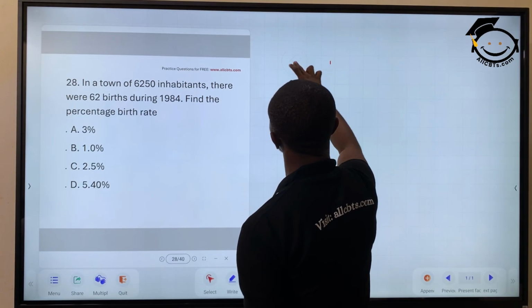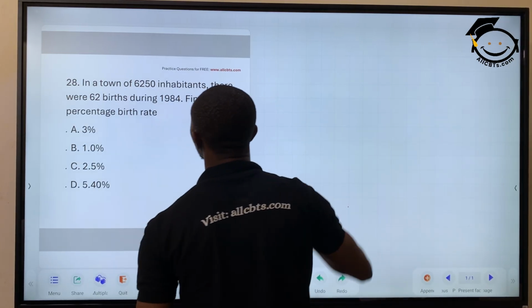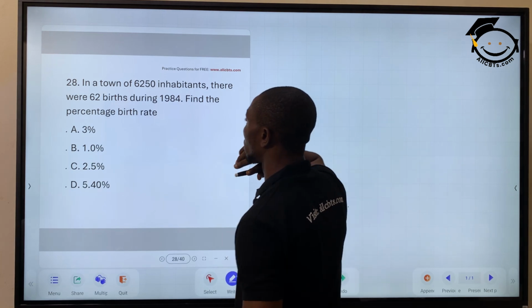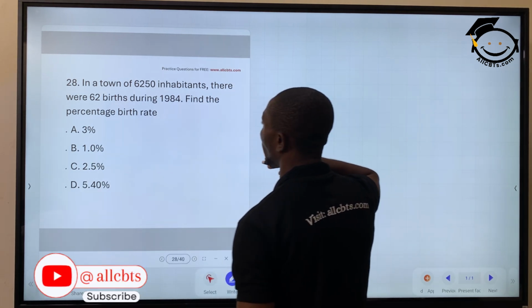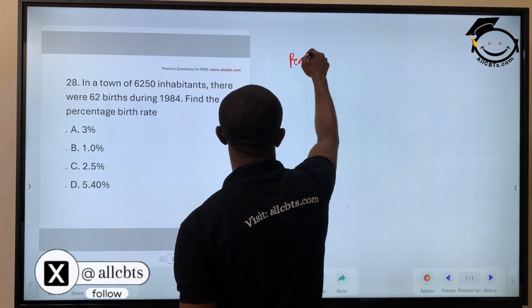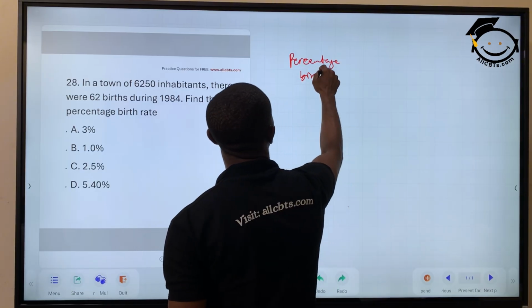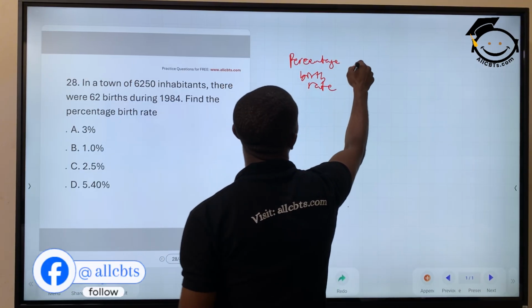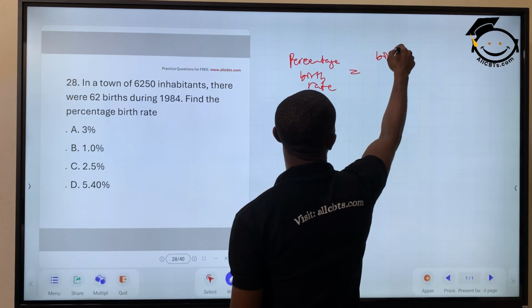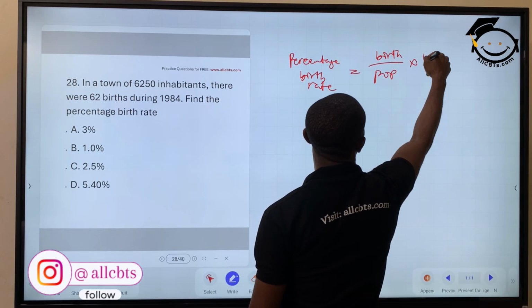Okay, the next question says, in a town of 6250 inhabitants, there are 62 births during 1984. Find the percentage birth rate. So the percentage birth rate is the births over population times 100 over 1.